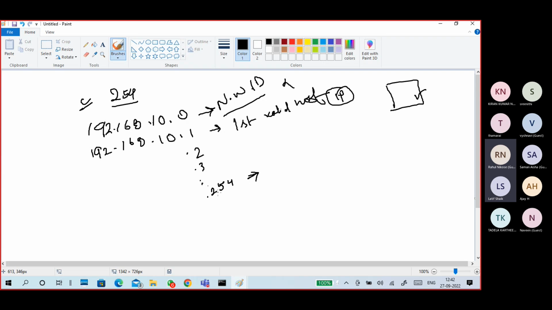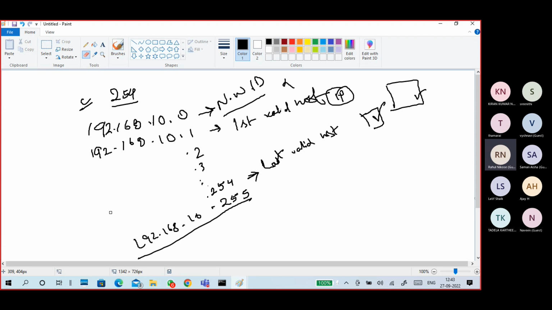From 1 to 254, we can assign. The 254 is the last valid IP address. Valid IP address means we can assign it to any PC up to here. But the last one in the range is dot 255, 192.168.10.255.